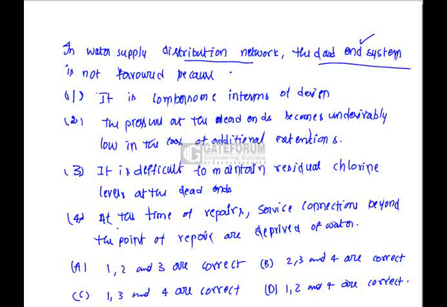If you see from the bottom, at the time of repair, service connections beyond the point of repairs are deprived of water. So at the time of repairs, the entire system is going to be deprived. So 4 is correct in the case of a dead end system, and 4 is in B, D, C.